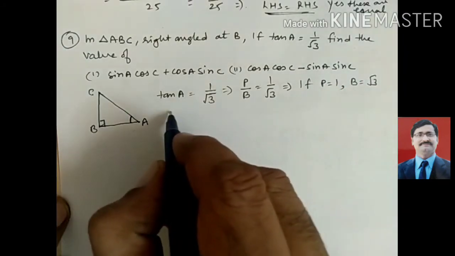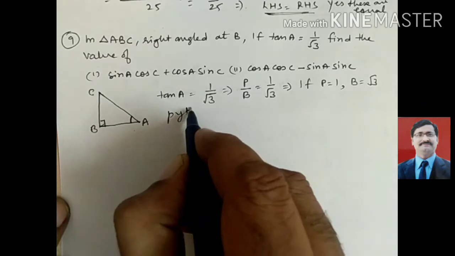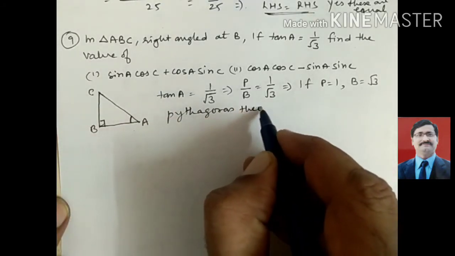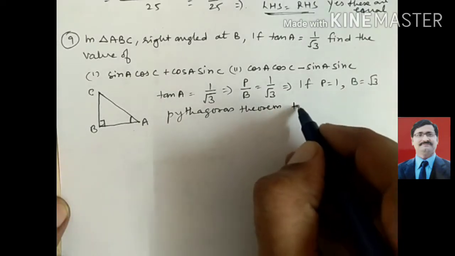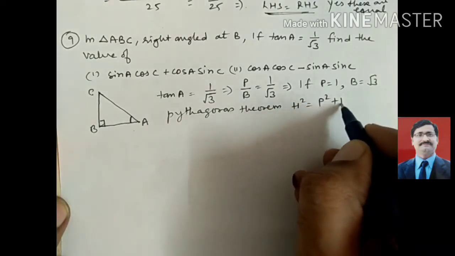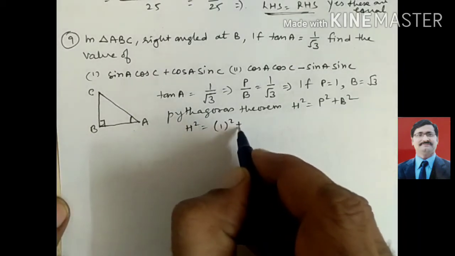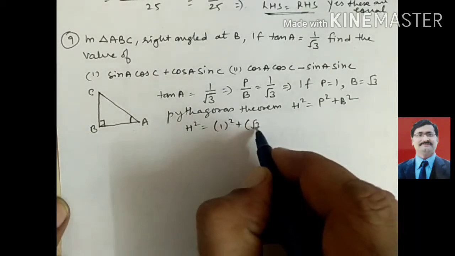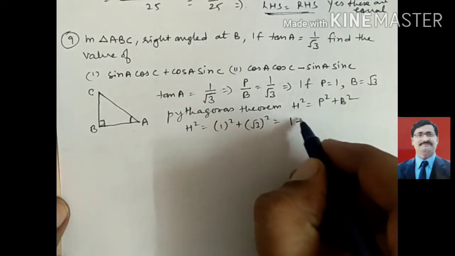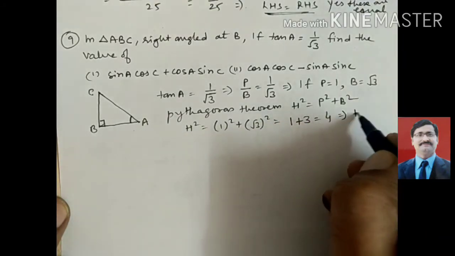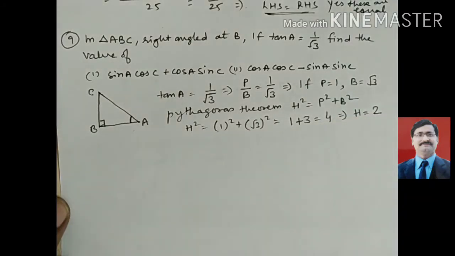Use the Pythagoras theorem: hypotenuse square equals perpendicular square plus base square. So hypotenuse square equals 1 square plus root 3 whole square, that is 1 plus 3 which is 4. Hypotenuse square equals 4, so hypotenuse is 2. Do all of you understand this? Hypotenuse is 2.